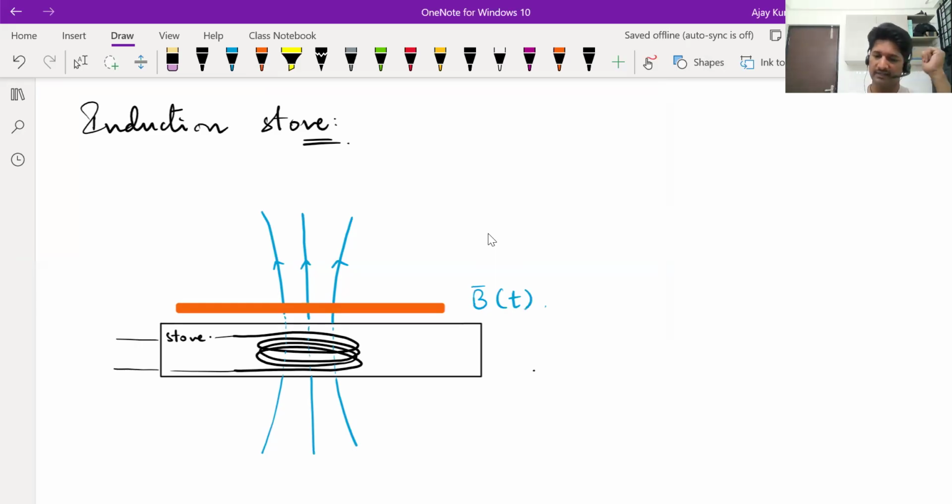If a conducting plate is in the presence of a time varying magnetic field, you will see eddy currents generated in it. All over that plate, eddy currents will get generated. And those eddy currents heat up the conducting plate, and that in turn heats up the food that is on the plate.